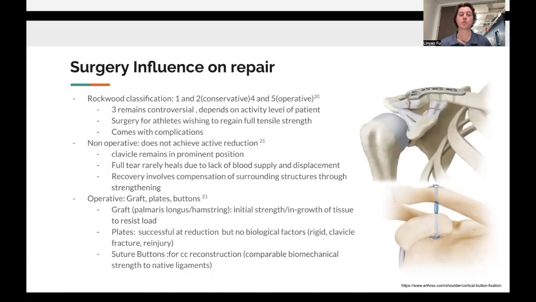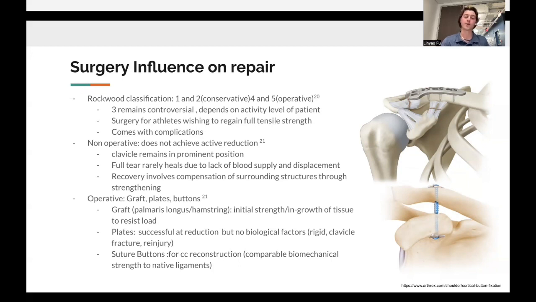Now, when we get to the influence of surgery on repair, typically for a grade 3 acromioclavicular ligament tear, grade 3 is the one that remains controversial, as 1 and 2 is usually always conservative treatment, whether that be a sling or some form of cast being placed. 4 and 5 is usually always operative. However, 3 is controversial.